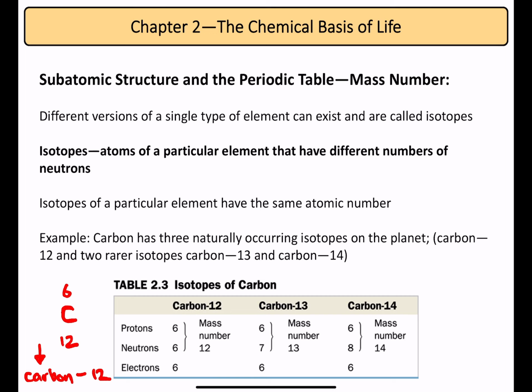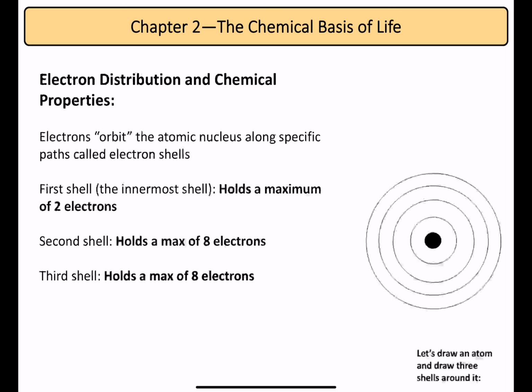Does it like to form molecules, compounds? Does it form hydrogen bonds, covalent bonds, or ionic bonds? All this information relates to the electron distribution for that element.